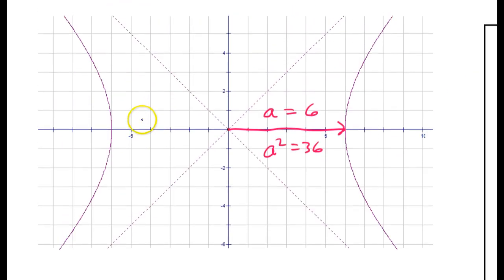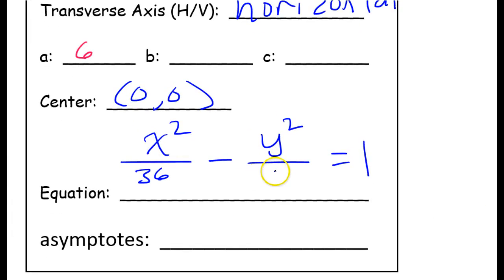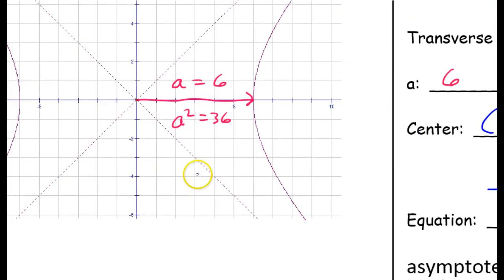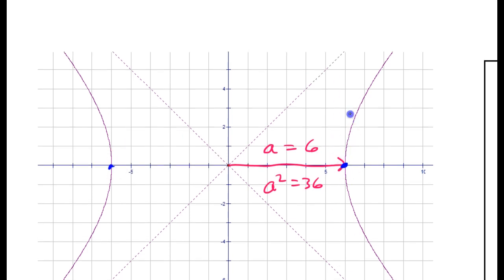Okay. Now, what about the b value? We need the denominator of the y squared term. We need the b squared. To find that, we're going to need the rectangle. So let's go ahead and draw in the missing rectangle. We know that the sides of the rectangle have to pass through these vertices, and they have to touch the asymptotes.